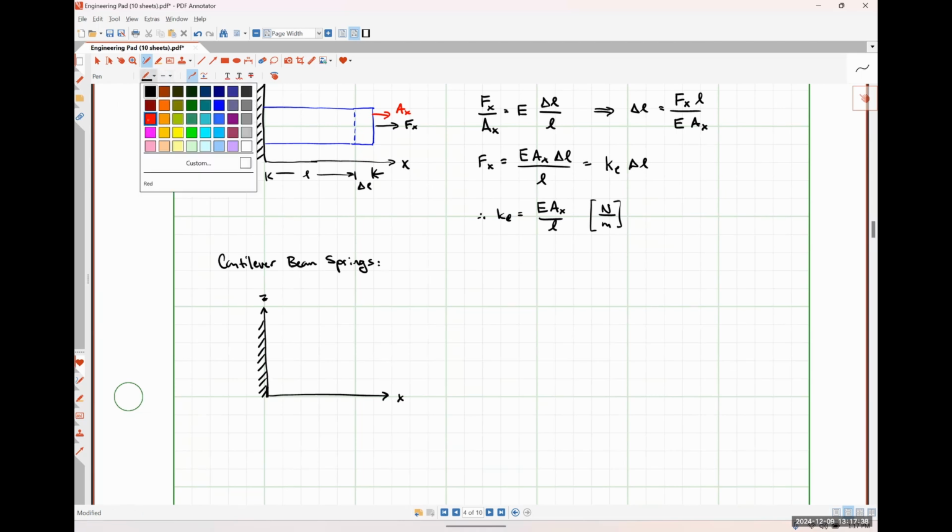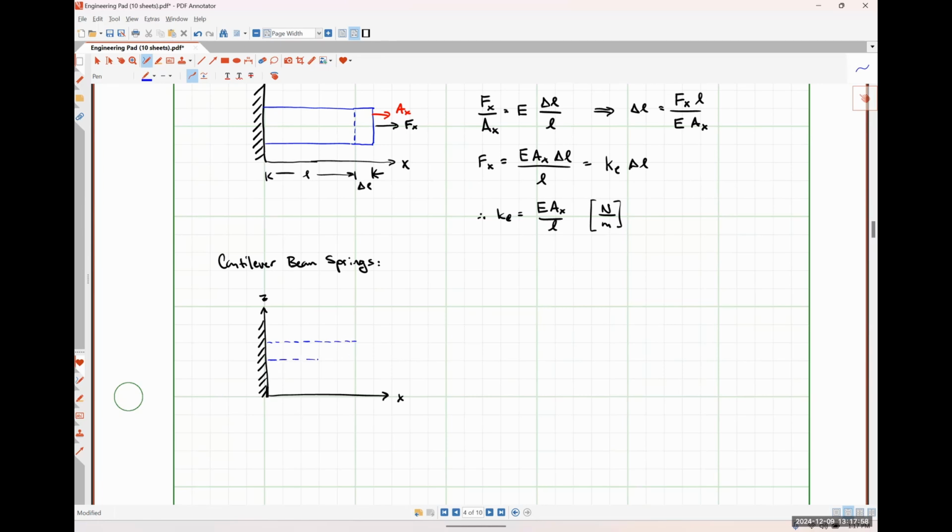I'm going to try to draw the profile of the spring prior to cantilever bending, a little skinnier as well. So this is our profile before bending.